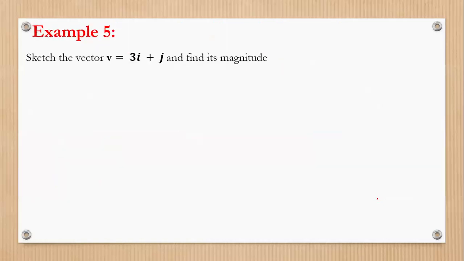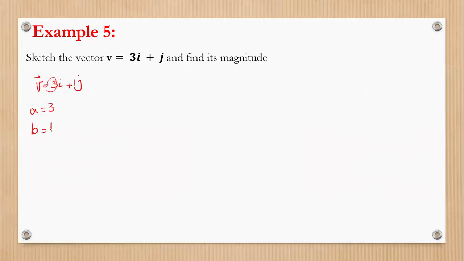Let's look at another example. We want to sketch this vector, 3i plus j, and find its magnitude. So first of all, when we have a vector, we need to know the components of the vector, a and b. So when vector v is 3i plus j, it means a is 3 and b is 1.